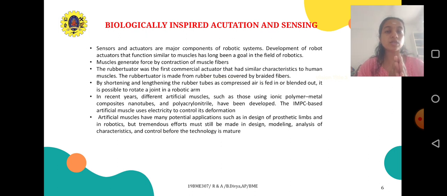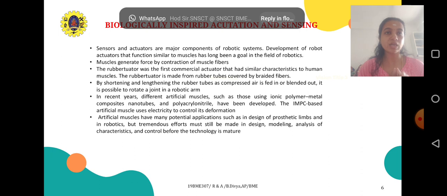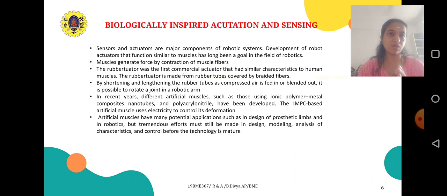The rubber actuator was the first commercial actuator that has similar characteristics to human muscles. The rubber actuator is made from rubber tubes covered by braided fibers.